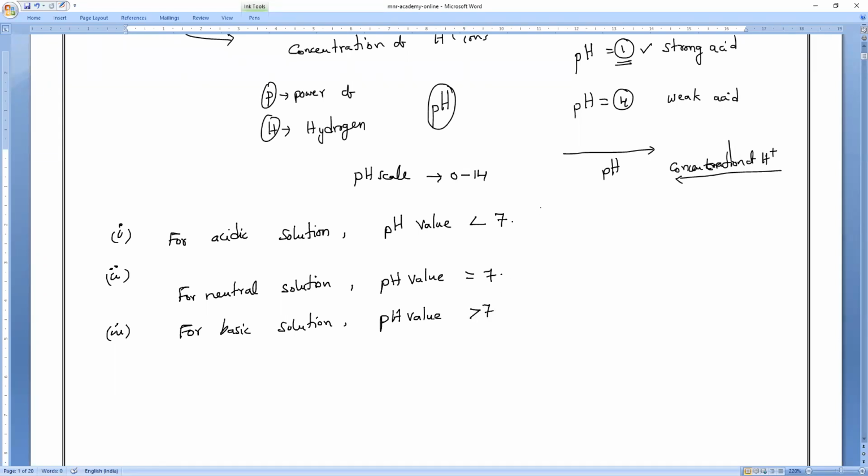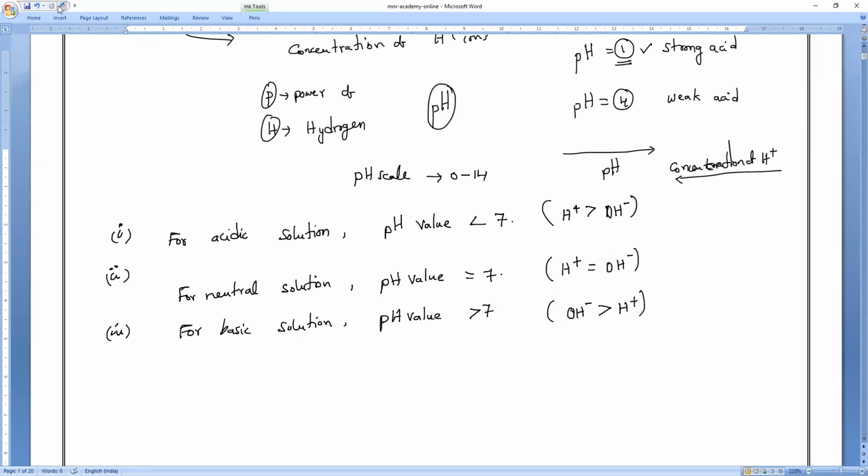Understanding? So here you remember, the concentration of H plus ions is greater than the OH minus ions. Here, in neutral, the concentration of H plus ions is equal to the concentration of OH minus ions. Here, the concentration of OH minus ions is greater than the concentration of H plus ions.